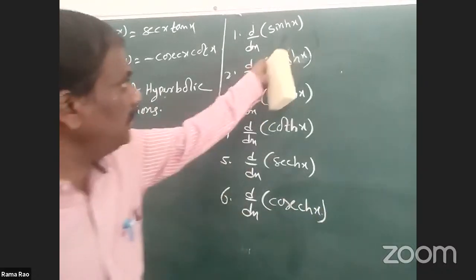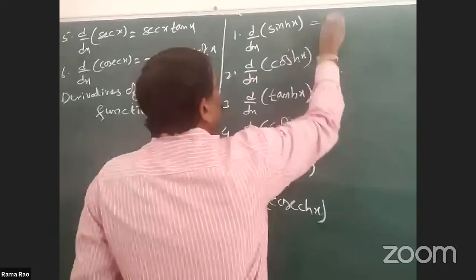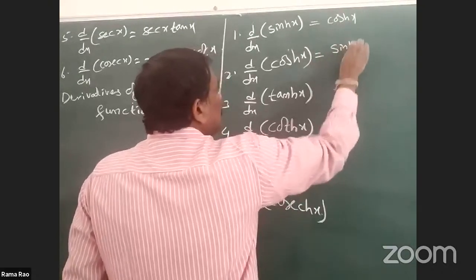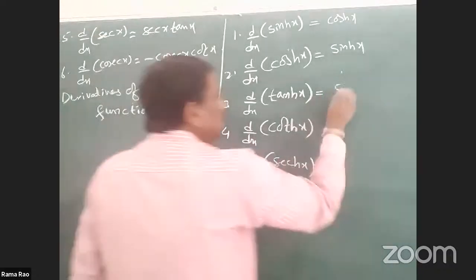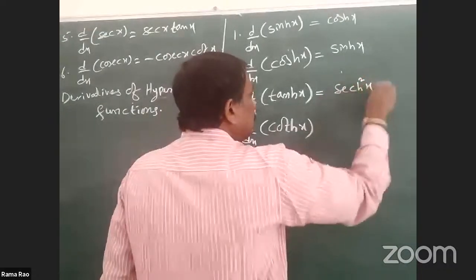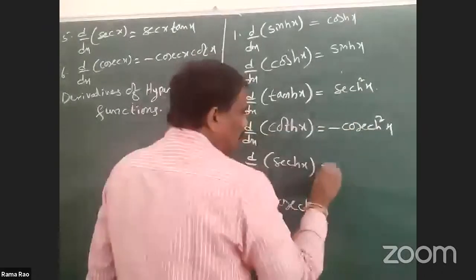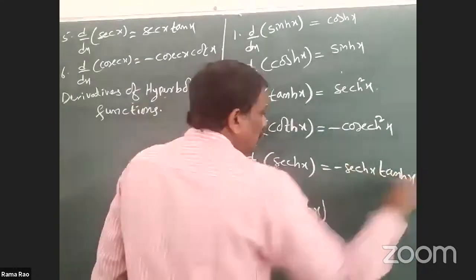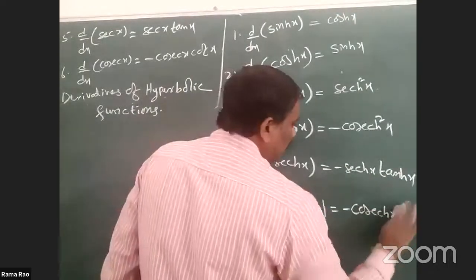Here h is there with x, this is called hyperbolic functions. Sinh x derivative is cosh x, cosh x derivative is sinh x, tanh x derivative is sech square x, coth x derivative is minus cosech square x, sech x derivative is minus sech x tanh x, cosech x derivative is minus cosech x coth x.